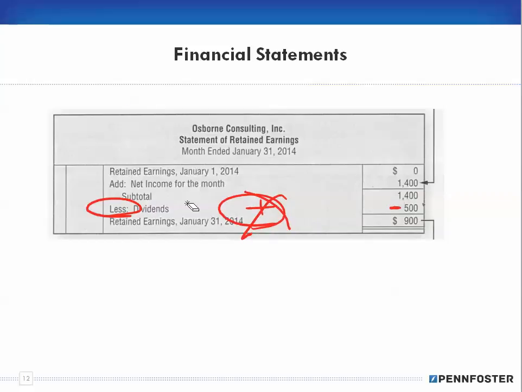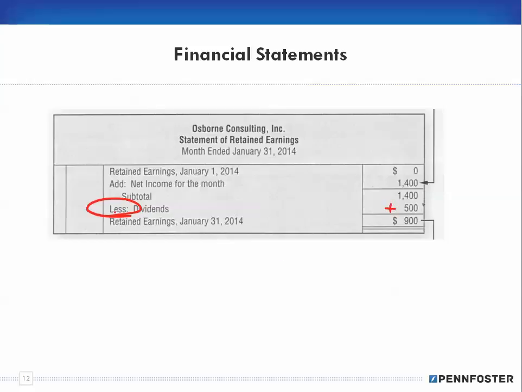So you write in the word less, and remember, for financial statements, we're trying to use positive numbers almost all of the time. There's going to be occasions where you have to use a negative number, but for the vast majority of the time, you're going to use a positive number. So by writing the word less, that allows us to write a positive $500.